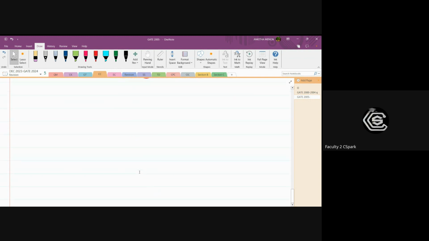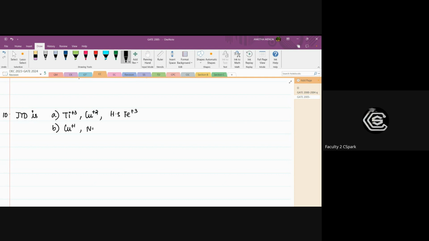Yes? All right. Now, the 10th question. The set of ions which shows Jahn-Teller distortion is, again, a repetition of what we did yesterday. Option A, titanium 3+, high spin iron 3+. Option B, copper +1, nickel +2, and high spin iron +3. Option C, copper +2, low spin iron +3, and titanium +3.